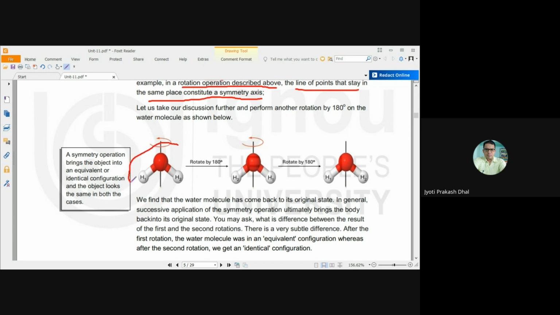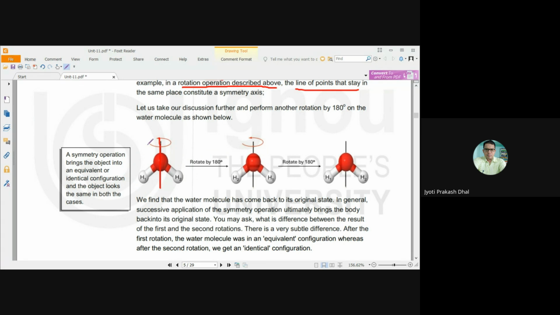This is the original position of the water molecule. In the first step, we have performed the rotation by 180 degrees about the internuclear axis. Here this one is the symmetry axis.